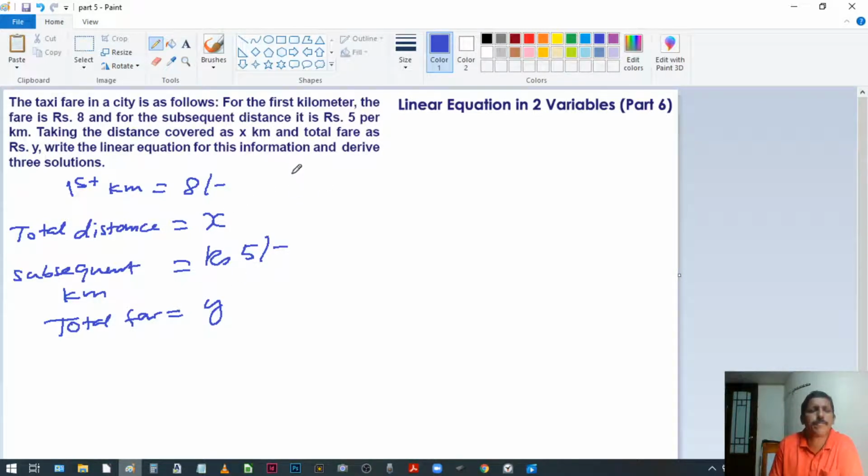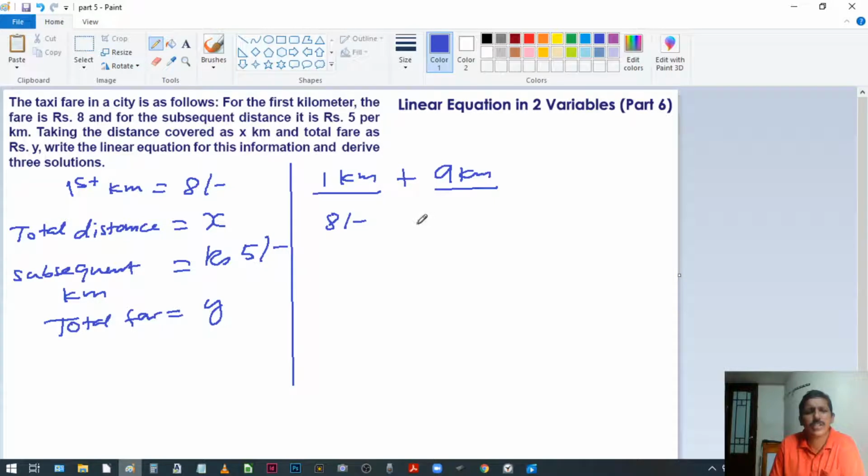Before that, without using this x and y, how shall we do it? For the first kilometer, how many rupees? It is 8 rupees. Then suppose I travel 10 kilometers. First kilometer 8 rupees, then the balance 9 kilometers.